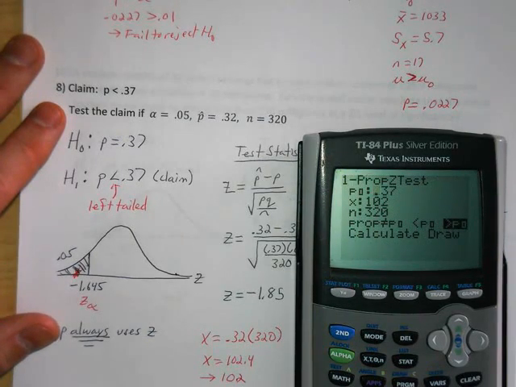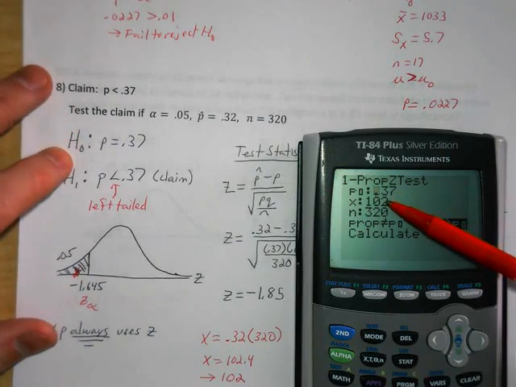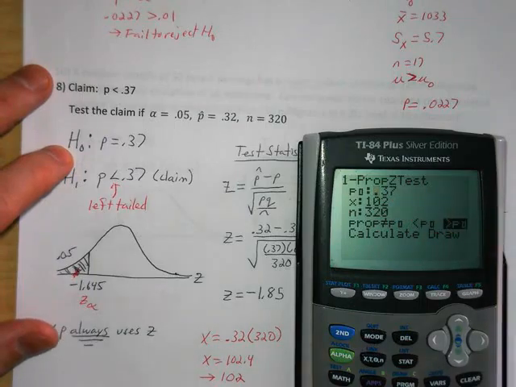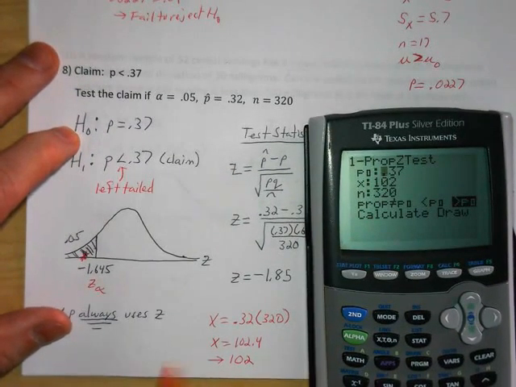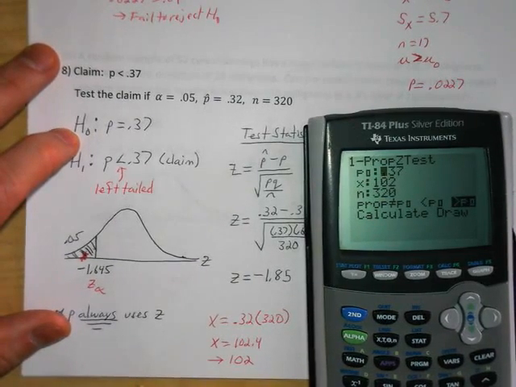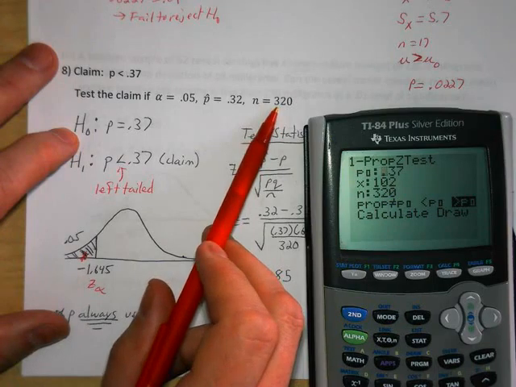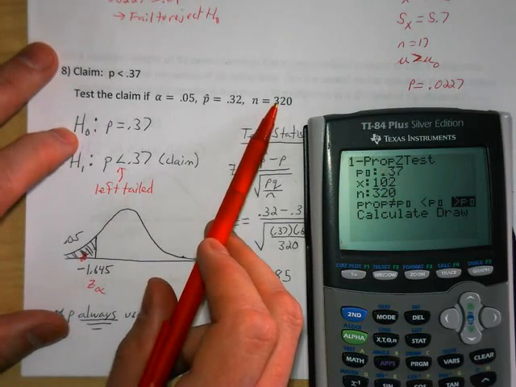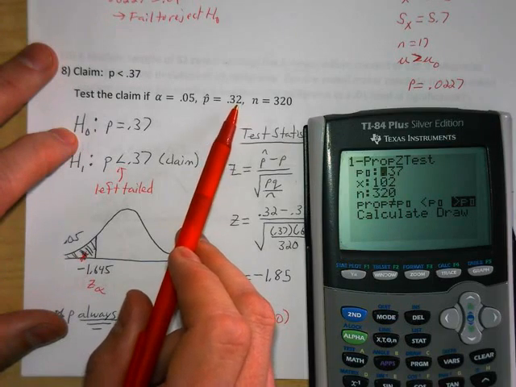What that is, we have our p sub naught value, which is 0.37. Our x value, now this is where it's tricky in this one. x is the number of successes. They don't say we took a sample of size 320 and had 200 successes. They tell us the sample percentage of successes was 0.32.